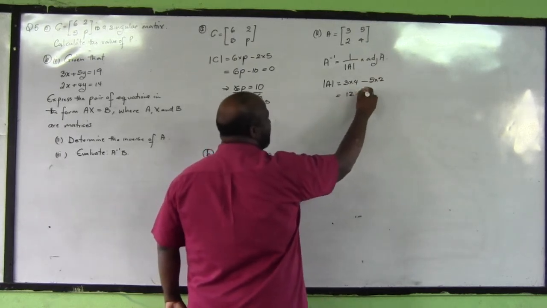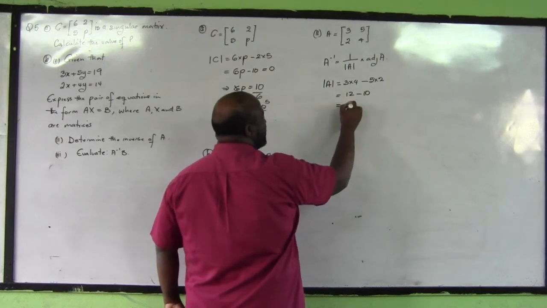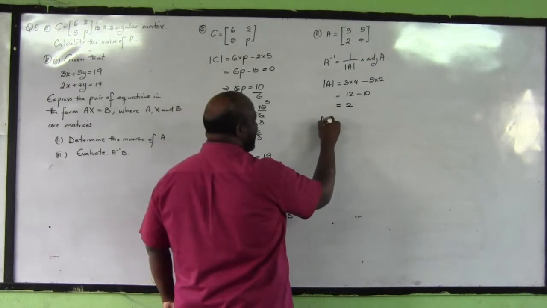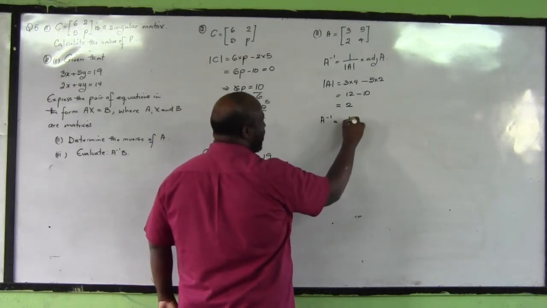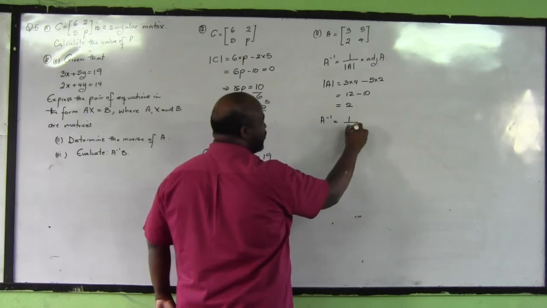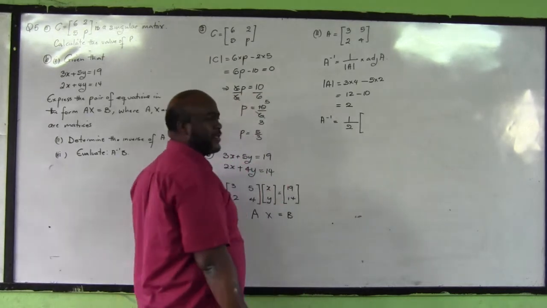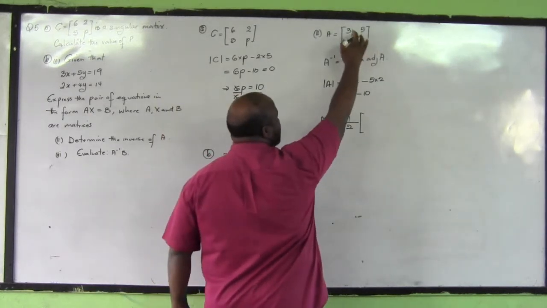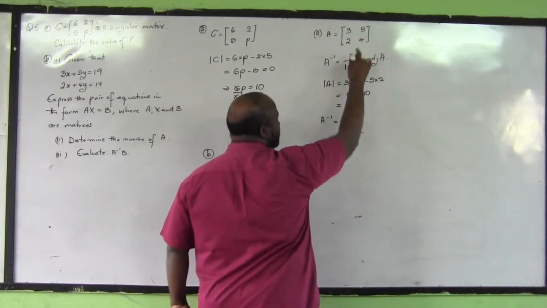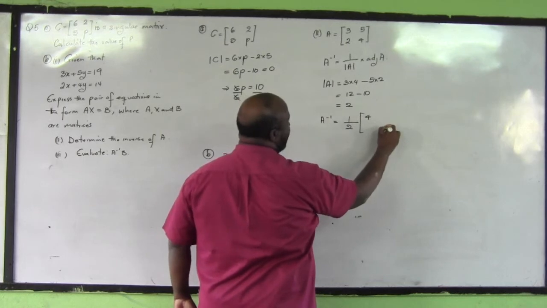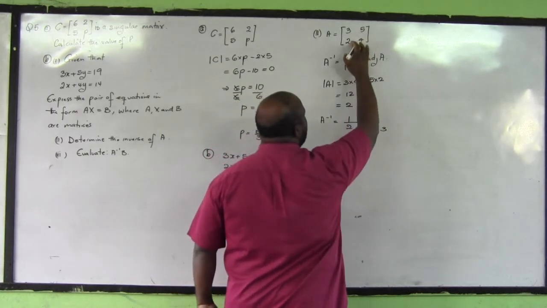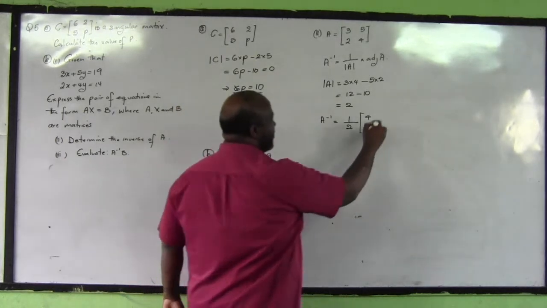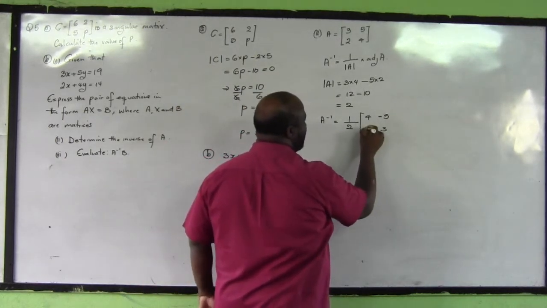This is 12 minus 10, the determinant is 2. So A inverse would be 1 over the determinant, which is 2, times adjoint A. Adjoint A is very simple. These two are going to interchange, so 4 goes here, 3 goes here. These two stay where they are, but their signs change. So this is going to be minus 5 and minus 2.